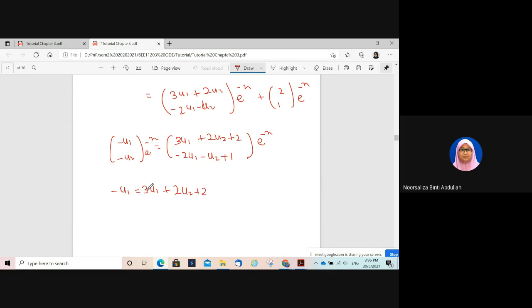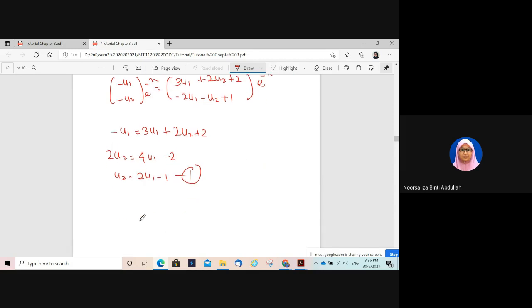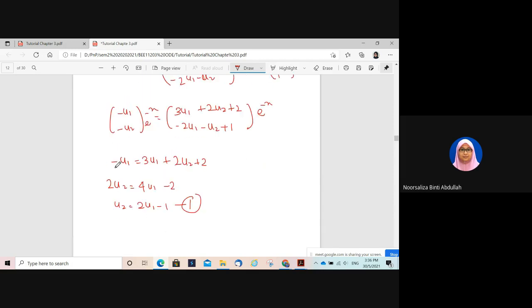Okay. This one you bawa ke sini. So now we have 2U2 equals to 4U1 minus 2. U2 equals to 2U1 minus 1. Okay. Kalau salah nanti betulkan. Ini saya bawa ke sini jadi salah kan? Jadi negatif 4U1 minus 2.